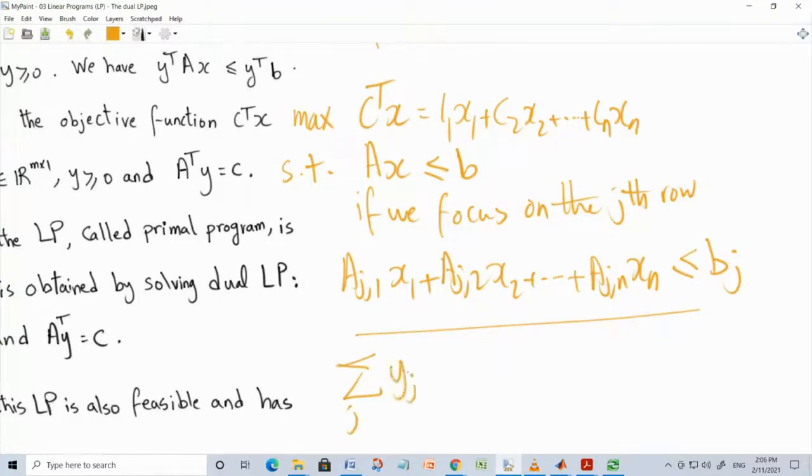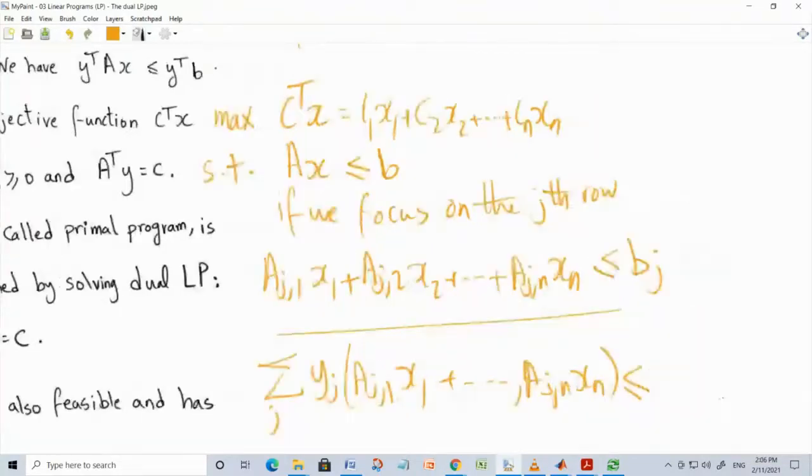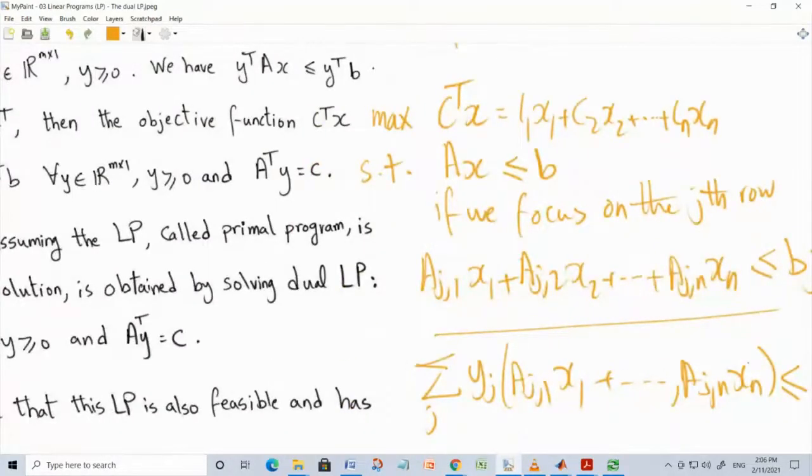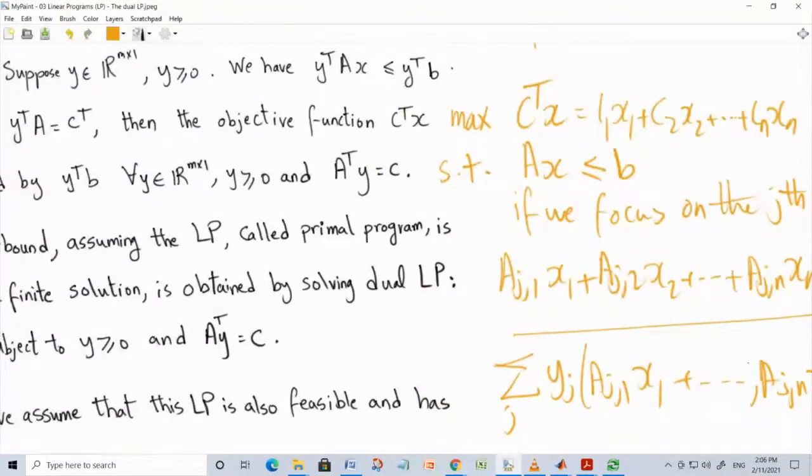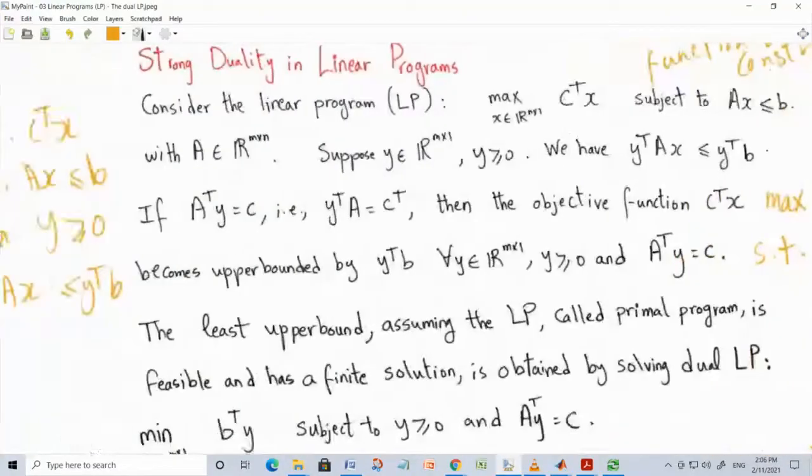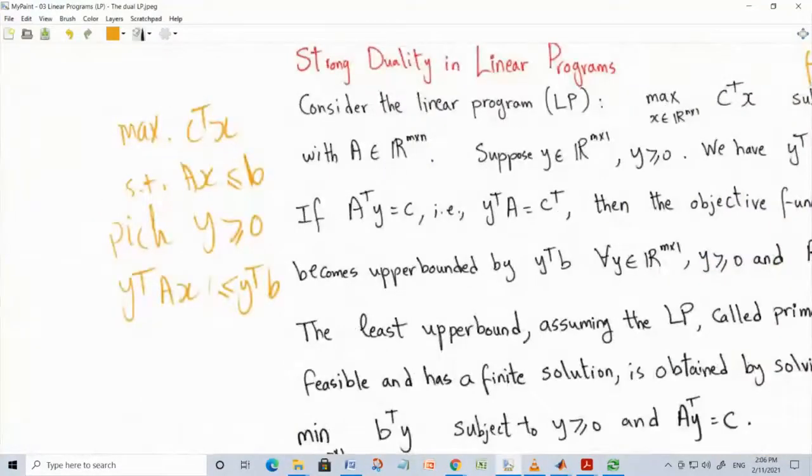You take yj times aj1x1 up to ajnxn, and this will be less than or equal to the summation over j of yj bj. Each inequality is preserved, and you add them, so in a compact way we write y transpose AX is less than or equal to y transpose b.